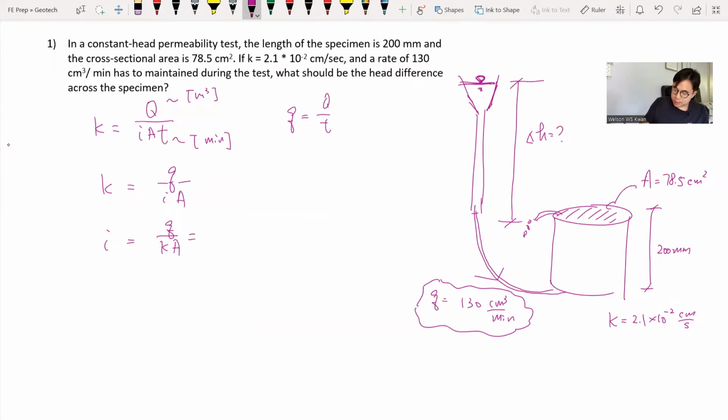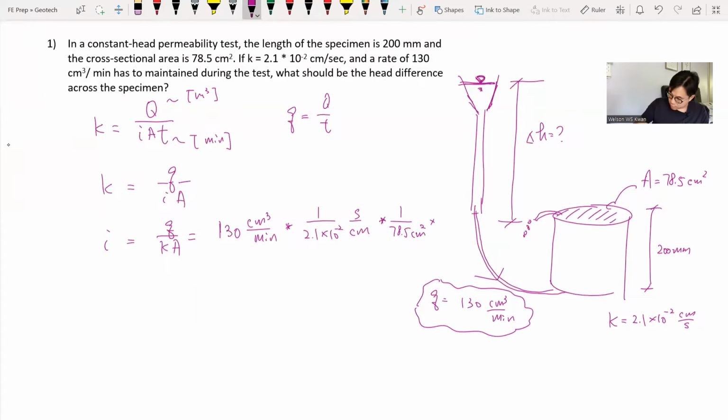If we plug in the information right there, we know the rate. We are also given the hydraulic conductivity. It's a reciprocal, so we split the units, and also the area, and we take care of the units, because now we have seconds and also minutes over there.